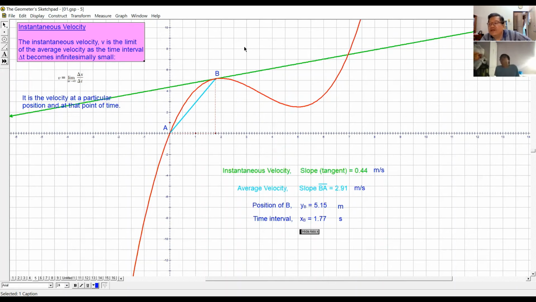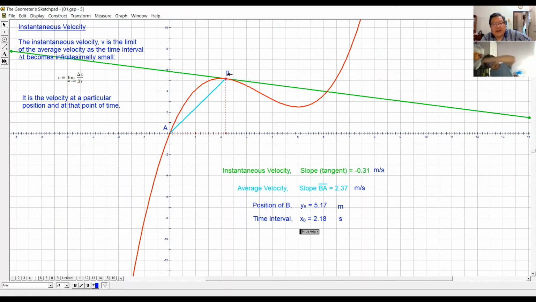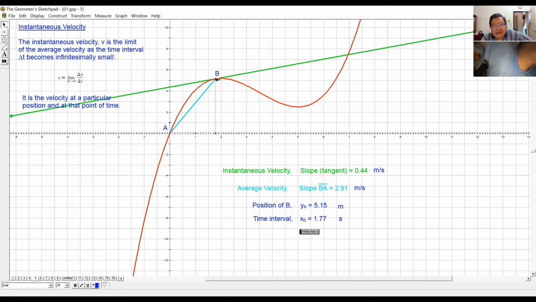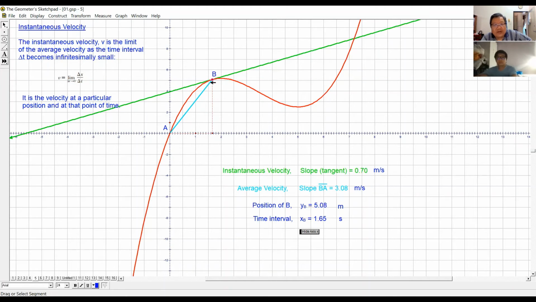So what is the difference graphically? Graphically, this blue line represents the average velocity. It is the delta x divided by the delta t, so the blue line represents the average velocity from A to B. Now, if you want to find the instantaneous velocity, it is also the slope of a line, but it is not the slope of the blue line.